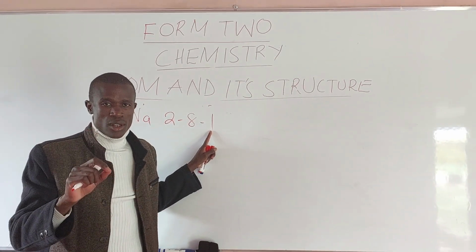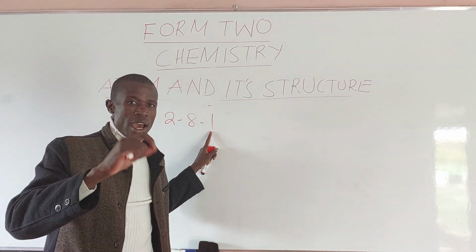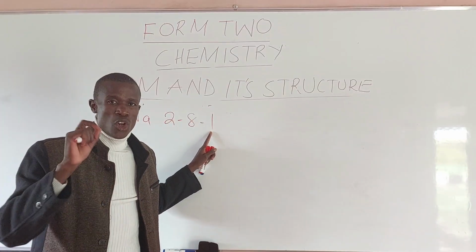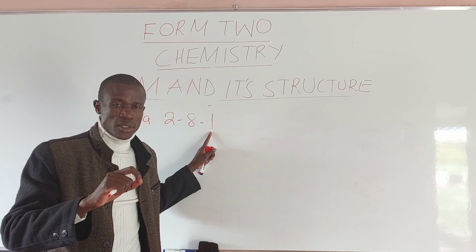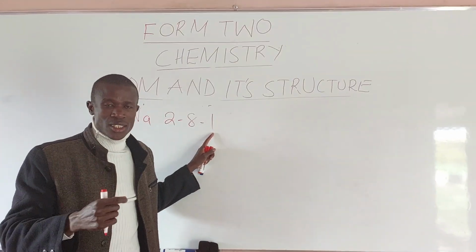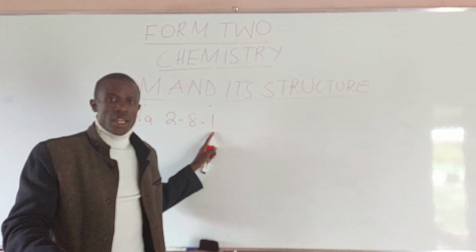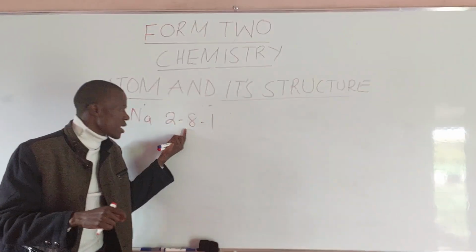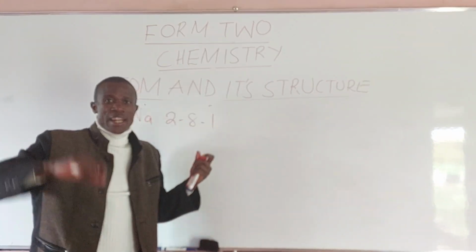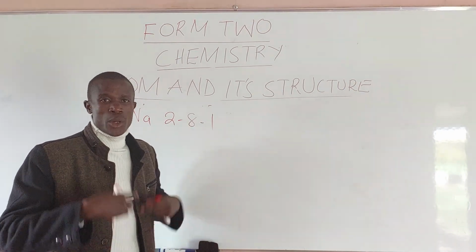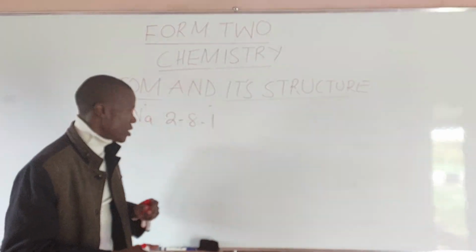What is a cation? A cation is the ion that is formed when an atom loses its outermost electron. And what is an anion? An anion is the ion formed when an atom gains an electron. So sodium, being an example of a metal that only forms ions by losing its outermost electron, we can go ahead and look at how it forms the ion.